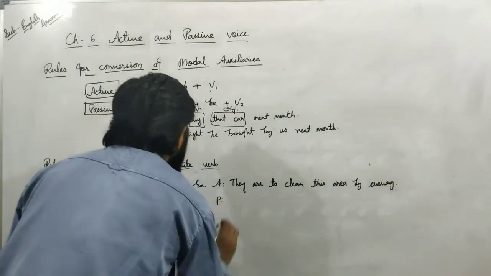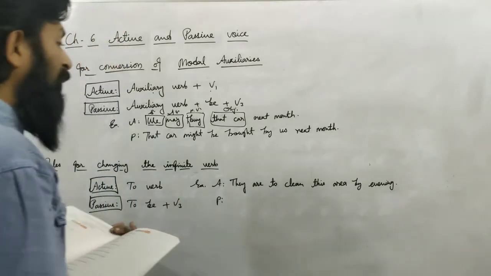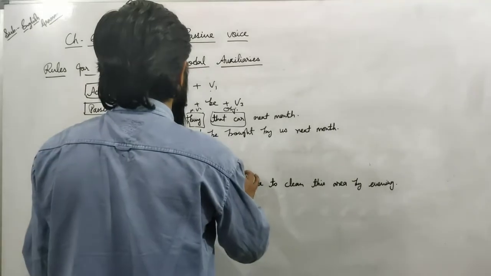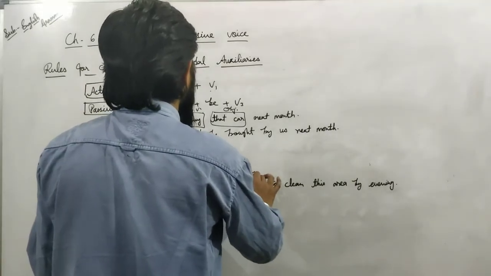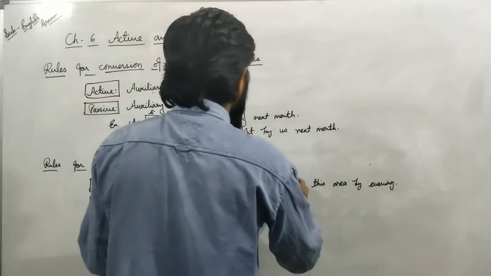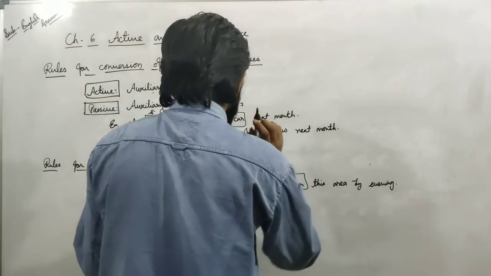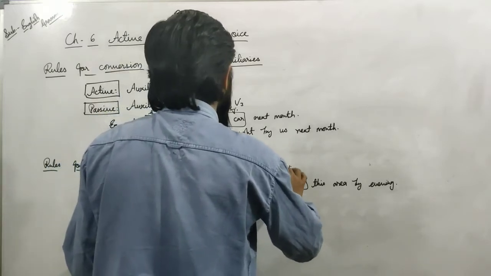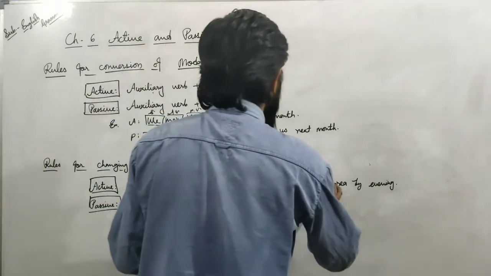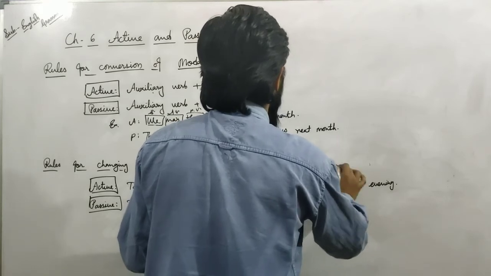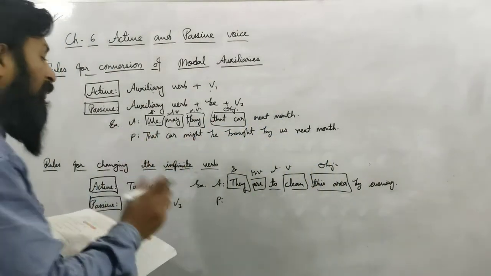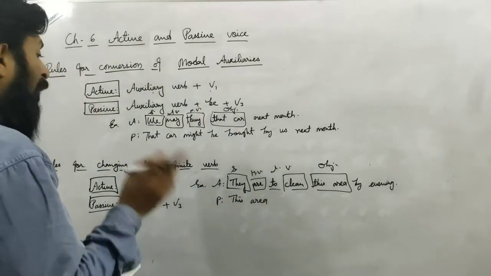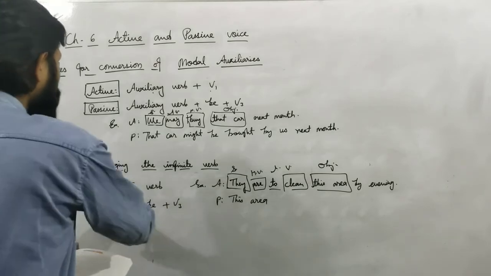Whenever we construct that into passive voice, at first we discuss what is the subject and object. The subject is they, and clean is the verb. Which verb? To plus verb is given, so we can say it is our infinitive verb. After that, this area is our object. So at first we write our object, this area, and the verb now we have to write is to be.